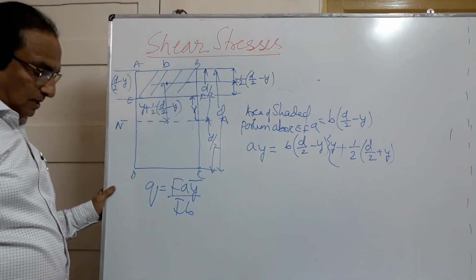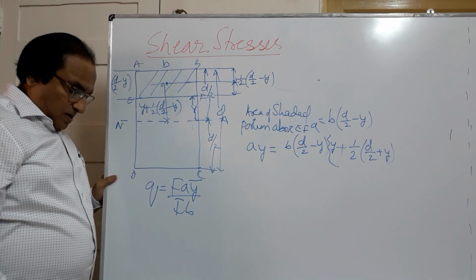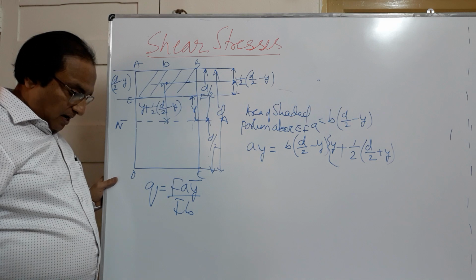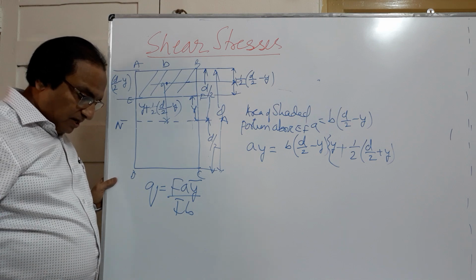So this will give the value of A into y bar. This is the moment of the area above the level EF.